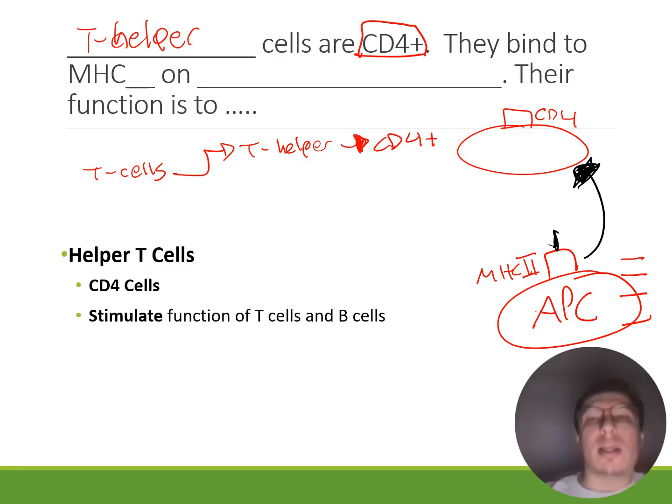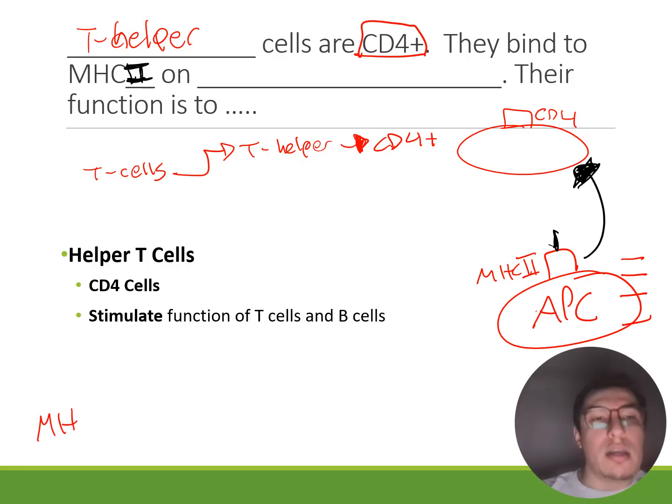So CD4 is just the name for a helper T cell. And these CD4 cells are activated when they bind to MHC2. So this MHC2 receptor right here. Remember that the MHC2 receptor is within antigen presenting cells that are going to activate helper T cells.